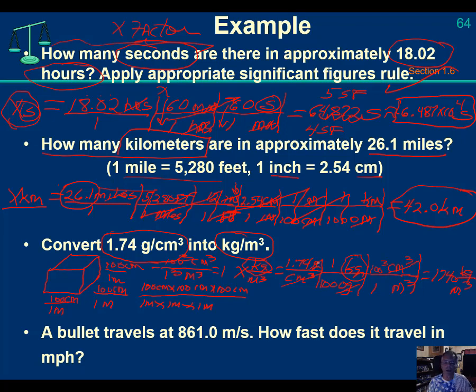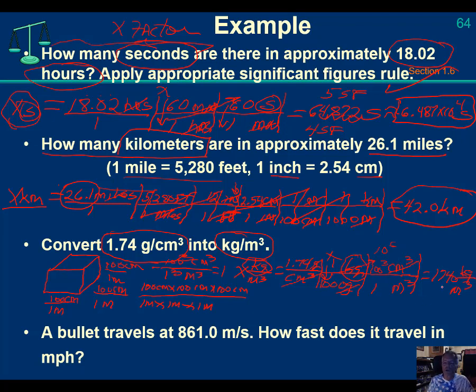And again, all I did was 1.74 divided by 1 times 1 times 1, divided by 1,000 times 100 cubed. And 100 cubed is 1,000,000. And then divided by 1, and I came up with 1,740.